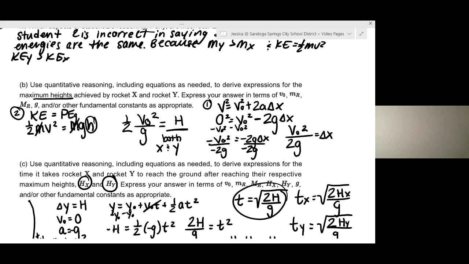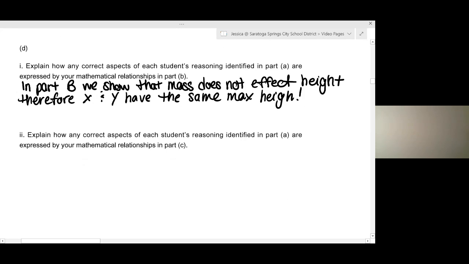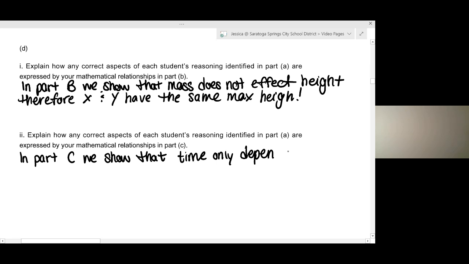Okay. Then D2 says explain how any correct aspects of the student's reasoning in part A are expressed by your relationship in part C. So in part C, we show that time only depends on g and h, okay? Because remember, our equation was t is the square root of 2h over g.